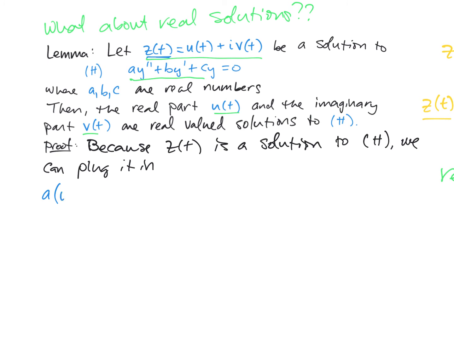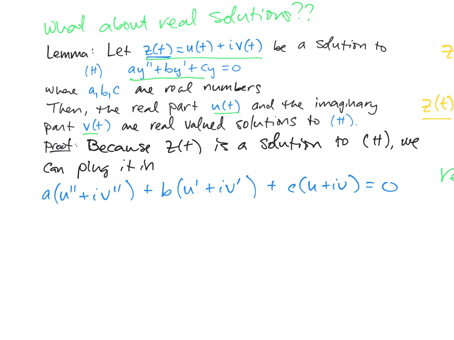So you get a times u double prime plus i v double prime, plus b times u prime plus i v prime, plus c times u plus i v equals 0.